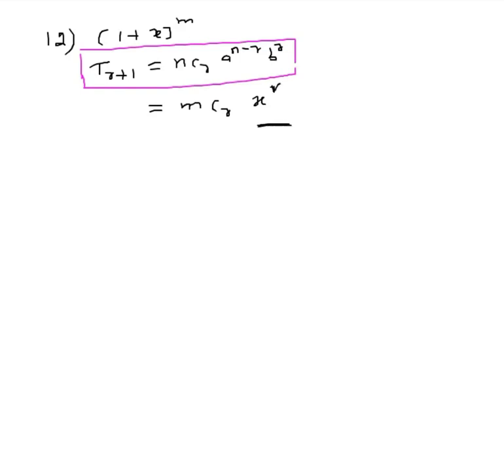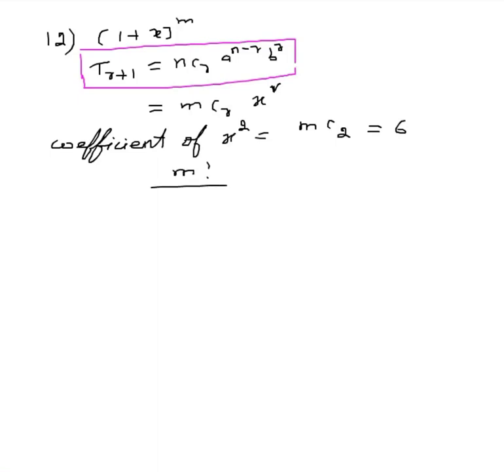Coefficient of x power r term is mCr. We need the coefficient of x square, which will be mC2. And this is given as 6.